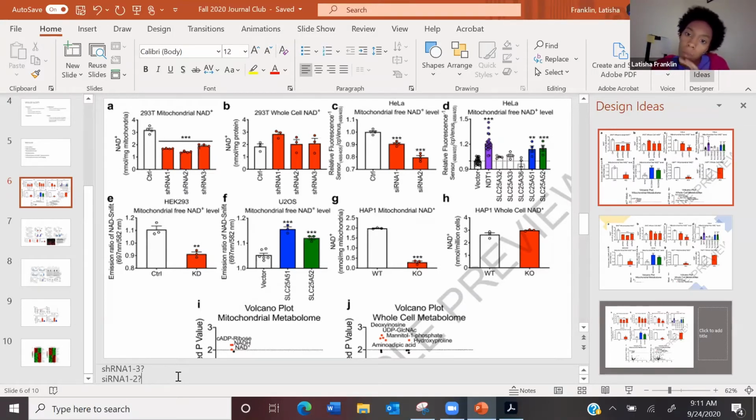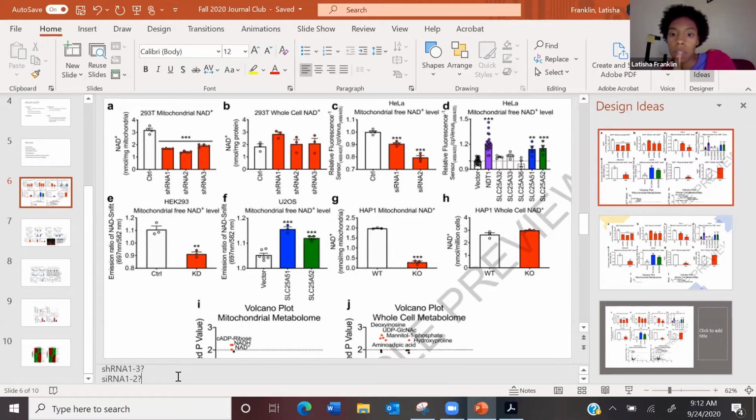And now I wonder what the jump was between using these siRNAs and shRNAs to using the specific SLC25A32, 33, 51, and 52 genes. These are probably knockdowns, with the vector being the control.